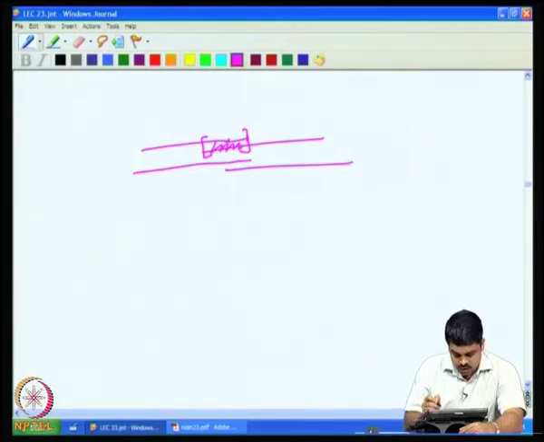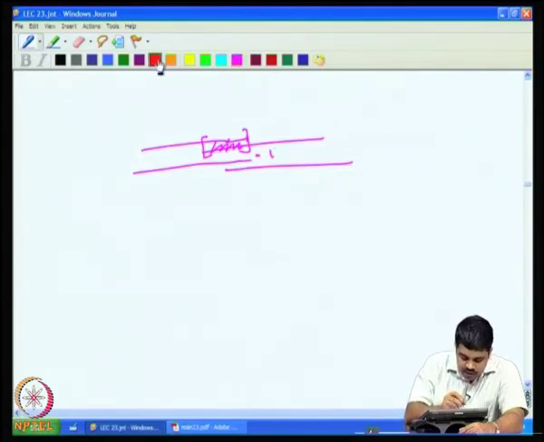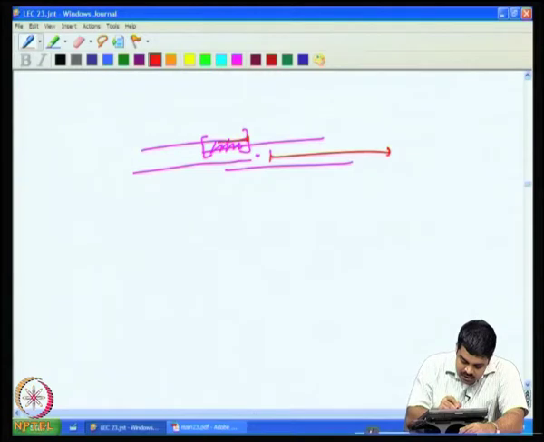Now, the third one cannot be an interval like this, because this interval ends here, so it will not cut with this, right. So, it has to start before this, and then can it end before this point? In that case, it will not cut it. So, everything will have to go into this.